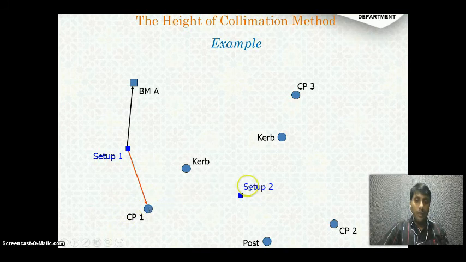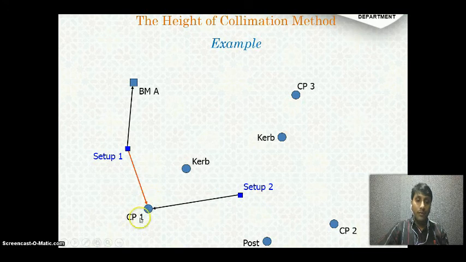So from the new instrument station setup 2, CP1 will be the known elevation. Once you set up the instrument here, you need to see back to CP1. As I explained you on the board, if you check back again to the same known point which we have taken from the setup 1, from setup 1 to CP1 it becomes foresight. From setup 2 to CP1 it becomes backsight.